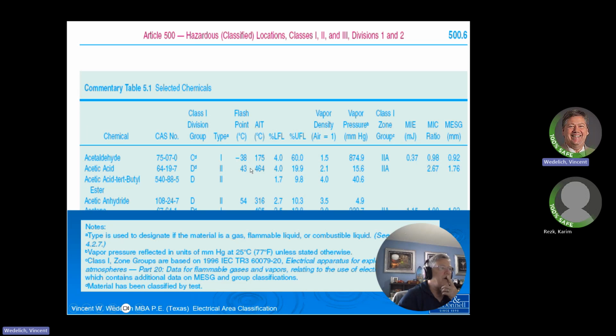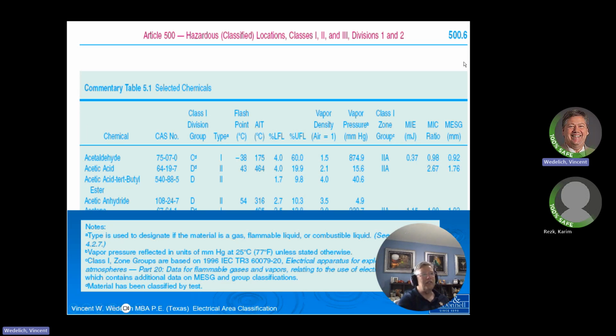And then it gives you your flash point is 43 degrees C. Your auto ignition temperature is 464. Your lower explosive limit is 4%. Your upper explosive limit is 19.9. Your vapor density is 2.1. It's heavier than air, being a vapor density of 1, right? So that means I have to use the figures and things for anything heavier than air. The vapor pressure is 15.6.